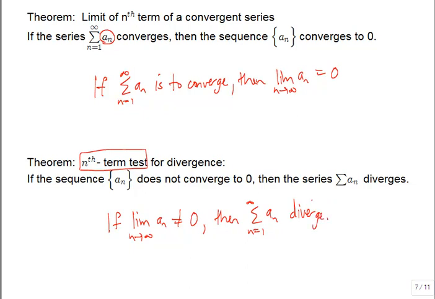So this gives us a theorem to determine divergence right from the start. So if you take the limit as n goes to infinity of this expression inside of that sum, if that does not go to 0, then you know that the entire sum itself must diverge. And again, this is called the nth term test for divergence.